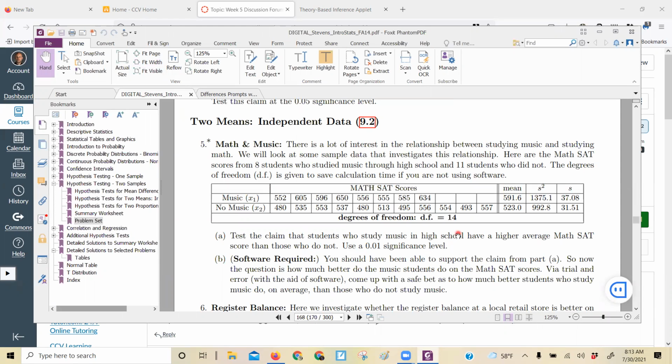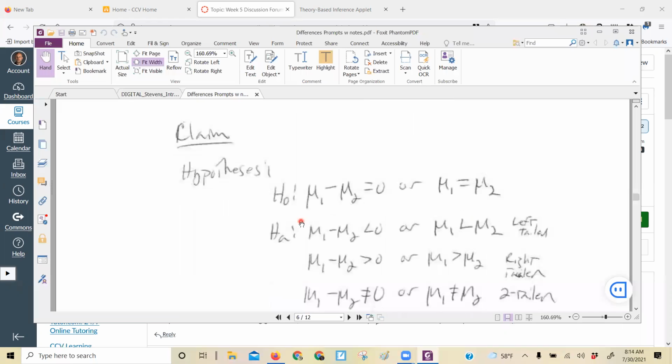Test the claim of studying music in high school having a higher math SAT, not a math GPA. So if mu1 is the math SAT average for people with music, and people without music is mu2, if we subtract them, the first one would be bigger than the second one, so that'd be a right-tailed test. So that's what I would set up, and that's what I would write. I would write H0 and then H1, and then this is the claim, okay?